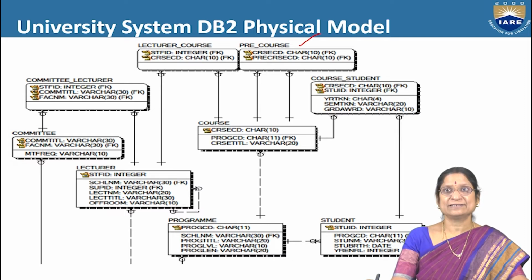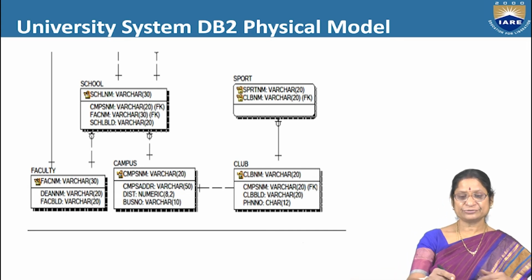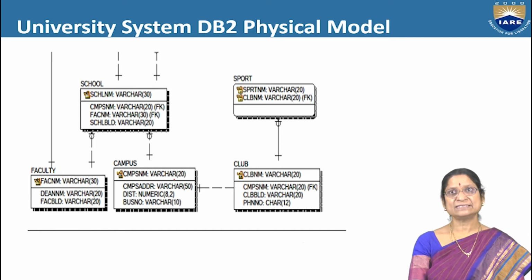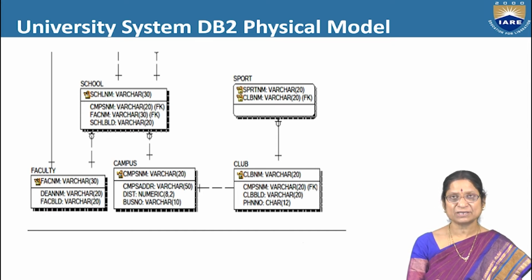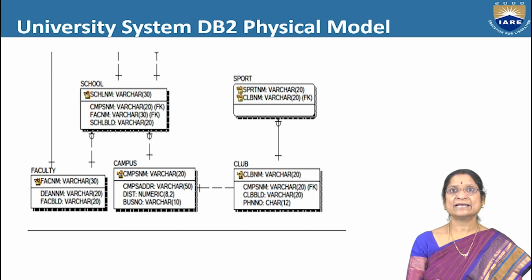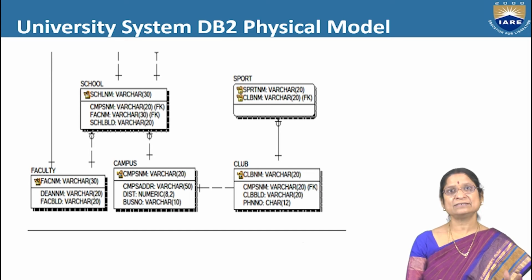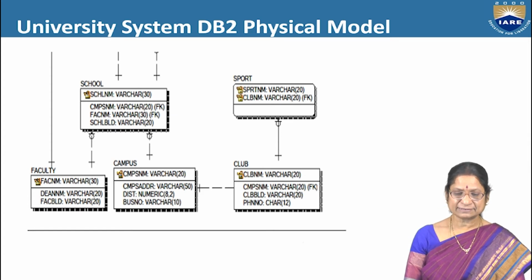In addition to this, we need to store details about the schools, campus, faculty, sports and club details. All these details have to be stored now. So the respective attribute names as well as which attribute is considered as a primary key, these are the things specified by us. Now school name is there.